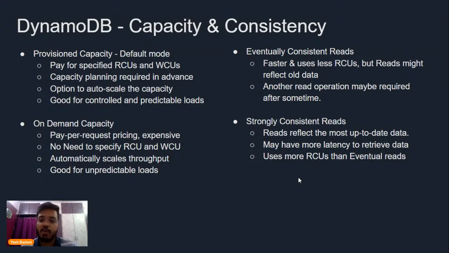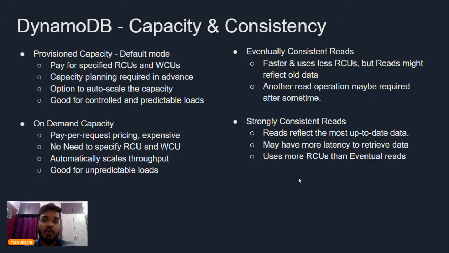What are strongly consistent reads? Of course, these give the most up-to-date data, but you will get more latency. So let's say your read came in after 5 milliseconds. In this case, your read will take around 10 to 12 milliseconds because your write took around 10 milliseconds, right?